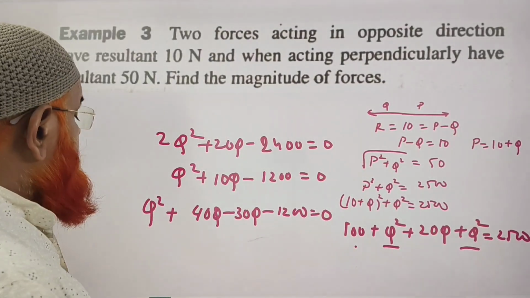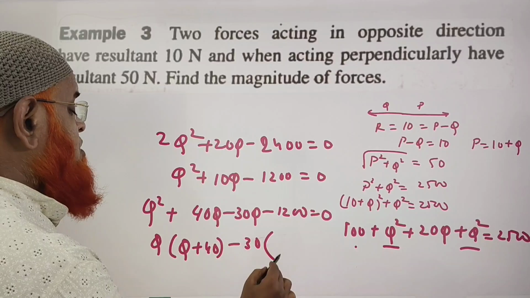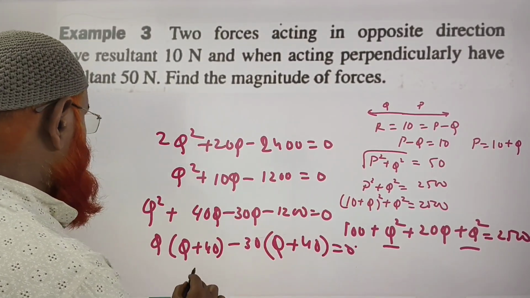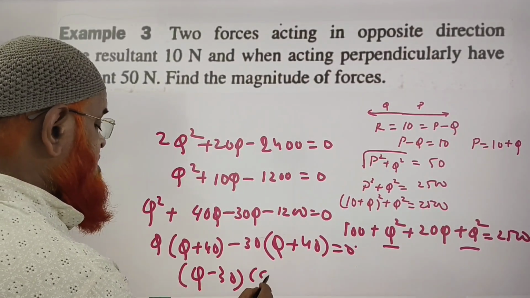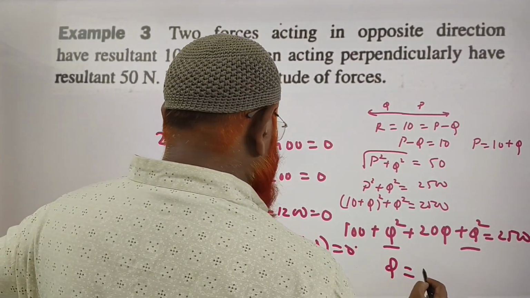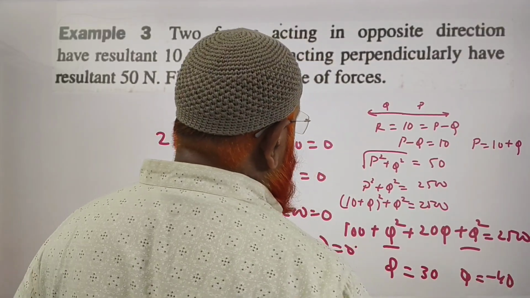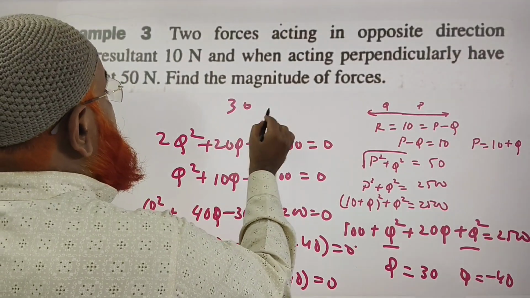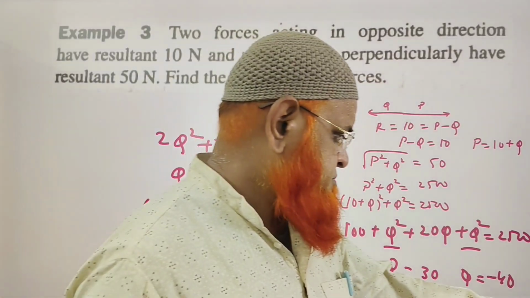So we write q square plus 40q minus 30q minus 1200, and if you take common out, q minus 30 into q plus 40 is equal to 0. So there are two values here, q is equal to 30 and q is equal to minus 40. So magnitude means one is 30 and the other is 40. These are the solutions. This way you have to solve.